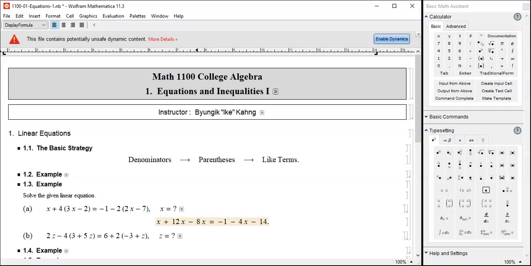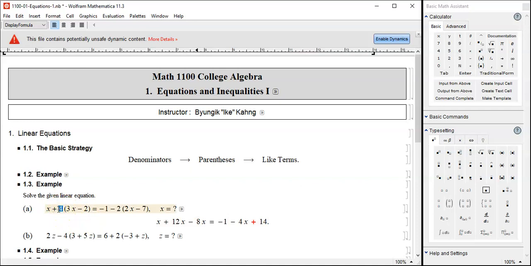If you didn't find out already, please stop the playback and find out. Where's my mistake? It's right here. This should be +14. Where was the mistake?